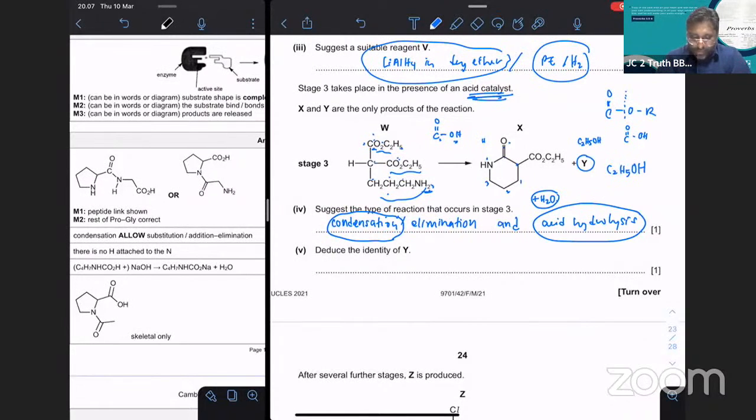The answer given is elimination and condensation, but I still feel that acid hydrolysis should also be there. But condensation, don't ignore that as well. So condensation and acid hydrolysis. Deduce the identity of Y. So Y is going to be ethanol.